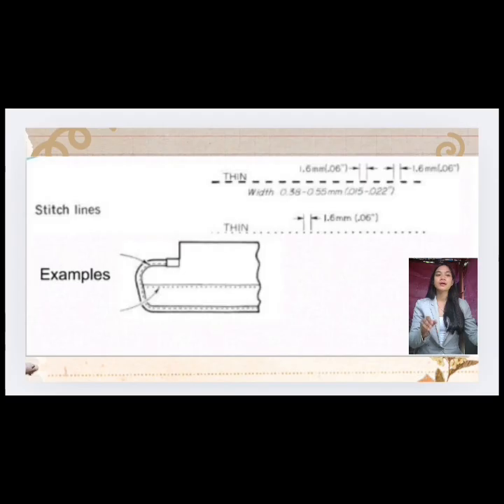So if you look closely sa drawing, there are numbers and arrows. Kana nga arrow nga naa center, it pointing directly to the thin dashed line. And thin dashed line is the stitch line, and it represents the path of the needle and thread when sewing.